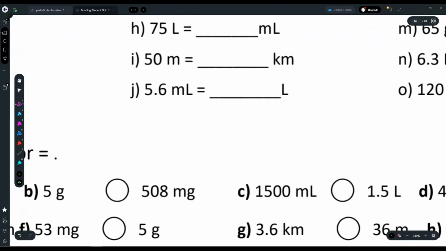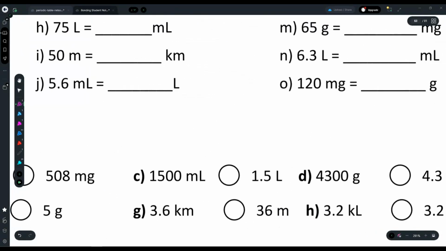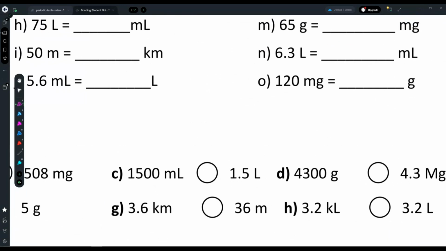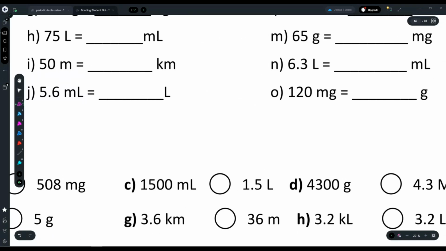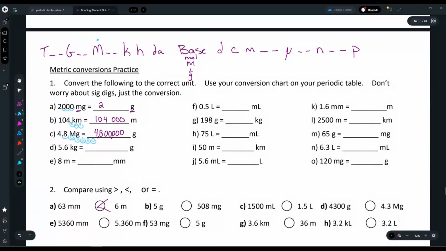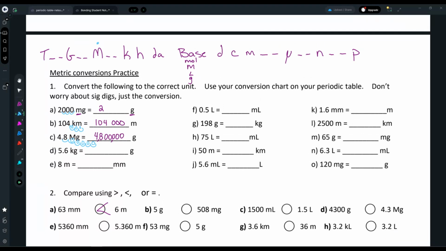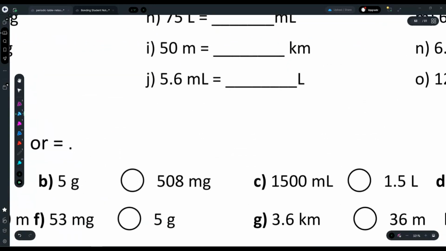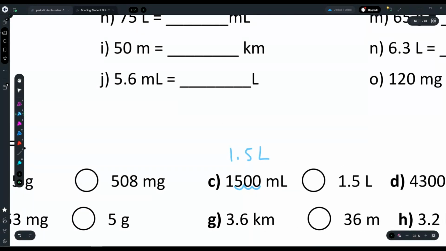For example, between 1,500 milliliters and 1.5 liters, if I converted the milliliters to liters, just because I'm having a hard time figuring out if one's bigger or less than or equivalent, milliliters is here, liters is there. So 1, 2, 3 to the left. This is 1.5 liters. So these values are actually equivalent.